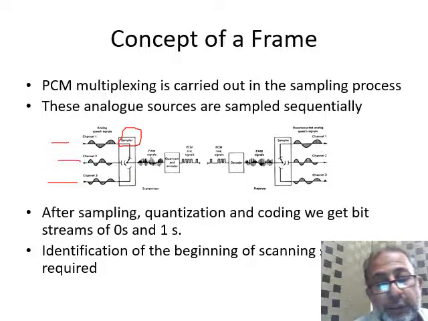Here we are showing three different samples, and we've got three contacts in this particular switch. So this switch is getting the information from this channel at first, and when it moves to the second one, it gets the information from this channel, and after that it gets the information from this channel.